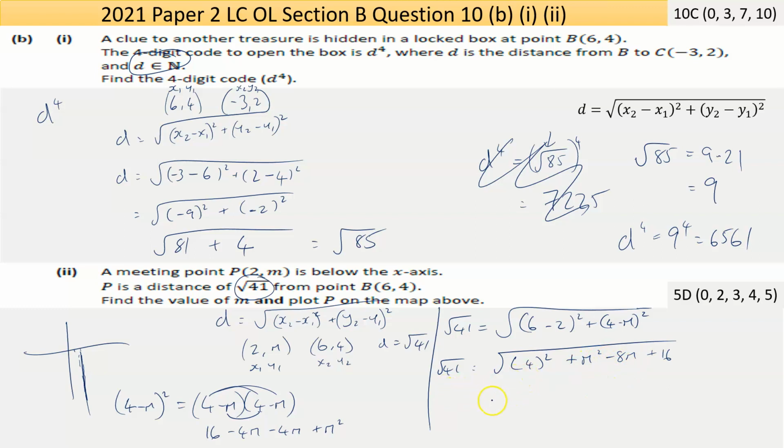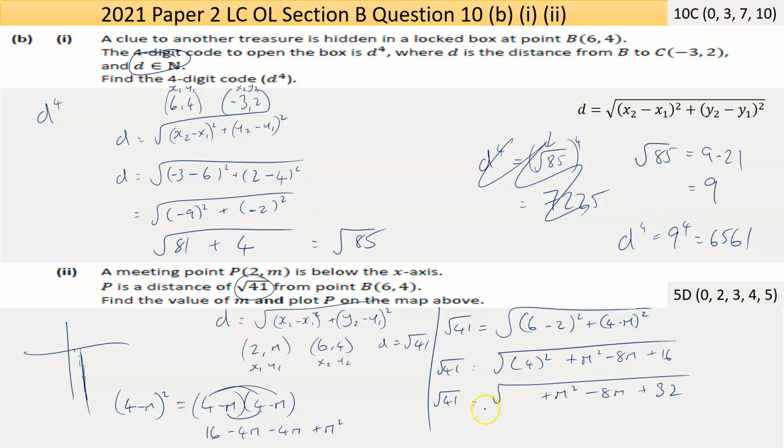The last thing I could do is that 4 squared is 16, plus m squared minus 8m plus 16. In the next line, let's put the square root of 41. I'm running out of space. I could combine the 16 and 16, and they would give me 32. I don't need to have them separate.